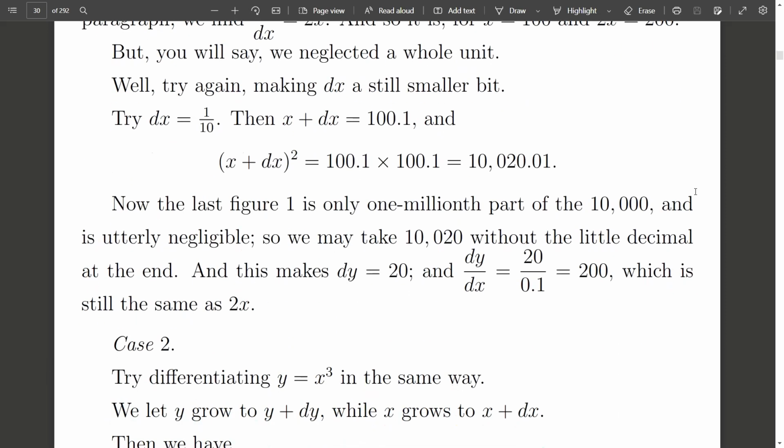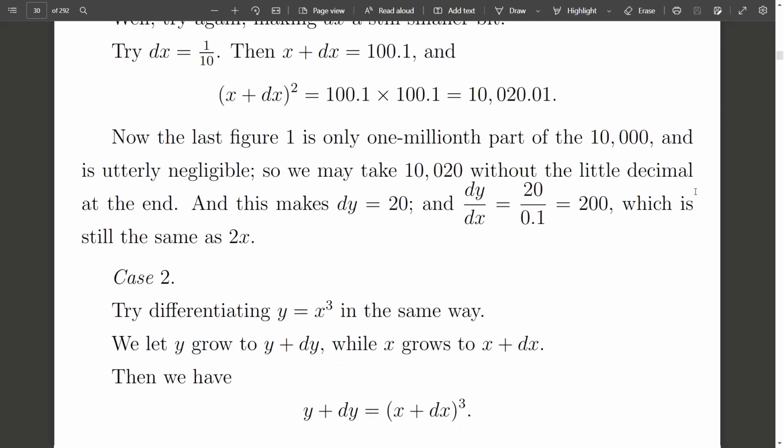Now the last figure 1 is only one millionth part of the 10,000 and is utterly negligible. So we may take 10,020 without the little decimal at the end, and this makes dy equal to 20, and dy by dx is equal to 20 over 0.1, which is equal to 200, which is still the same as 2x.